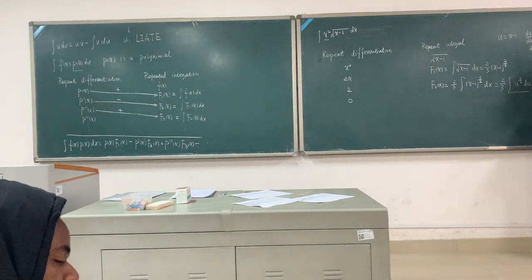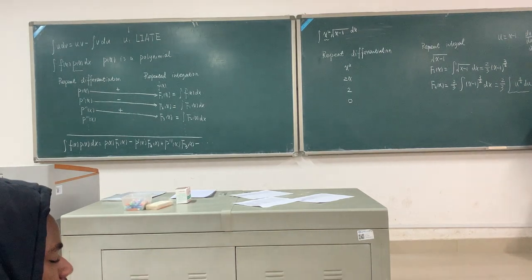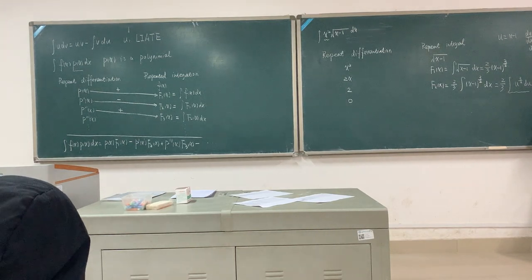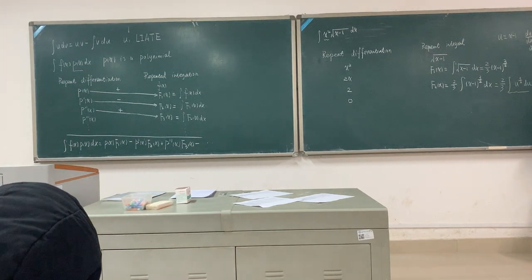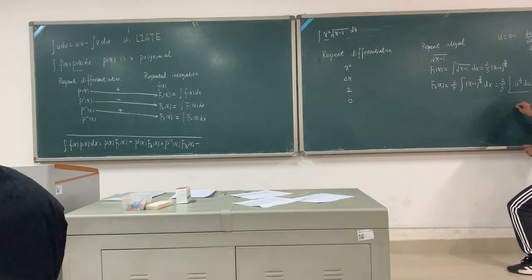But we just need one antiderivative. So 3/2 plus 1 is 5/2, and 1 by 5/2 is 2/5.